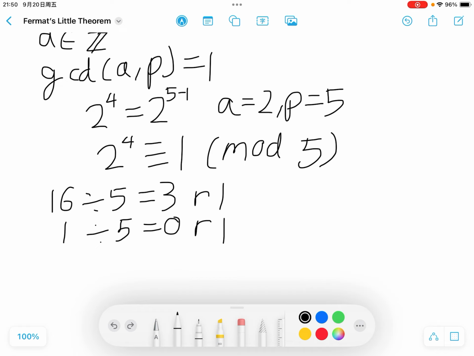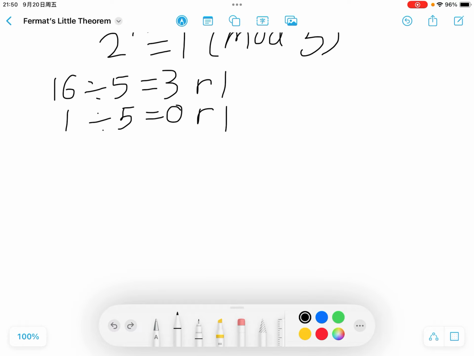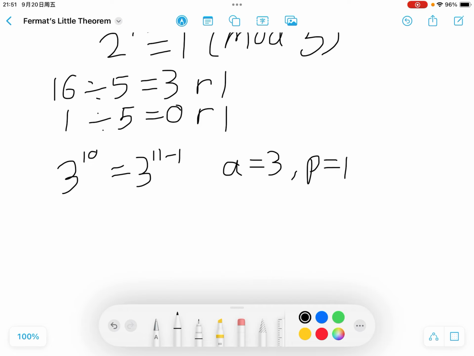What about a larger example? Like, let's say 3 to the power of 10. Okay, so 3 to the power of 10. Now we can rewrite this into 3 to the power of 11 minus 1. So therefore a equals 3 and p equals 11.